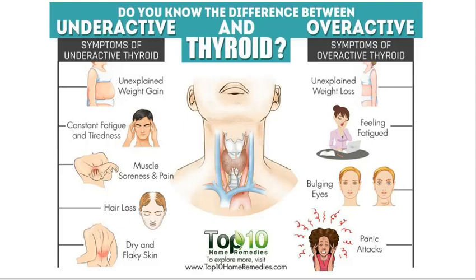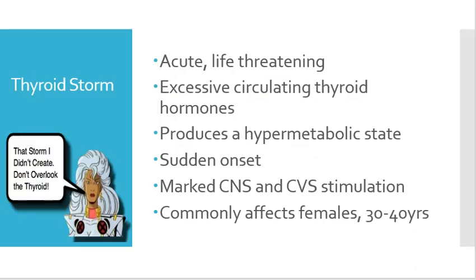So moving on to thyroid storm. Thyroid storm is an acute, life-threatening complication of poorly managed hyperthyroidism or thyrotoxicosis. So symptomatic hyperthyroidism. There's rapid elevation in thyroid hormone levels, and this results in a decompensated state of severe hypermetabolism, which is characterized by hyperthermia, agitation, tachydysrhythmias, and tremors.